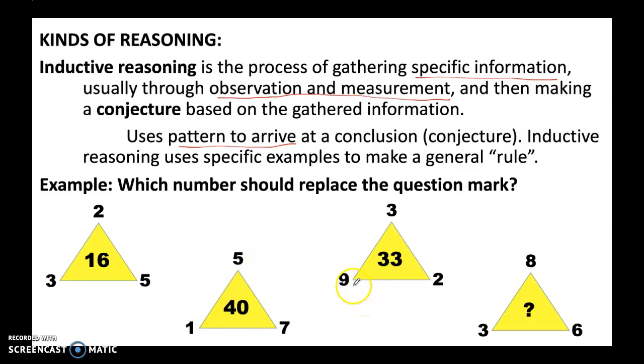Let's check again. We have 9 plus 2, 11, times 3, we have 33. So to get the number inside the triangle, we add the numbers below the triangle and multiply by the upper number. So 3 plus 6 will be 9, multiplied by 8, the answer is 72. So the question mark is equal to 72.